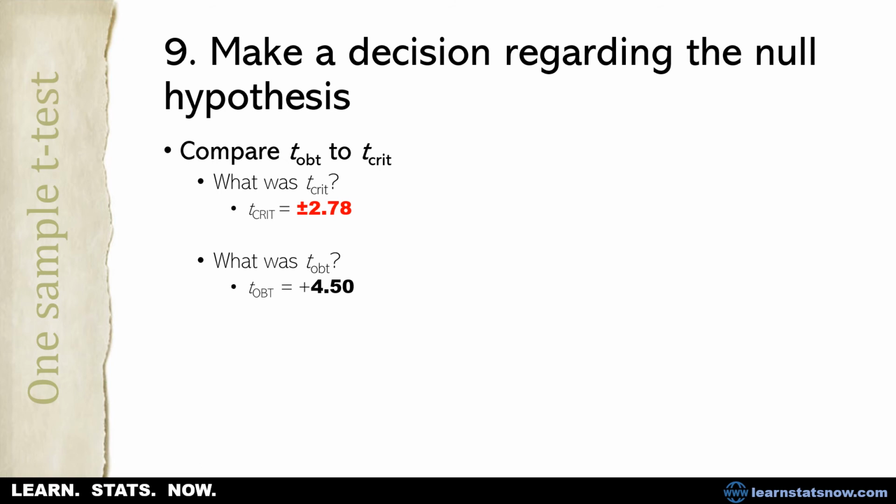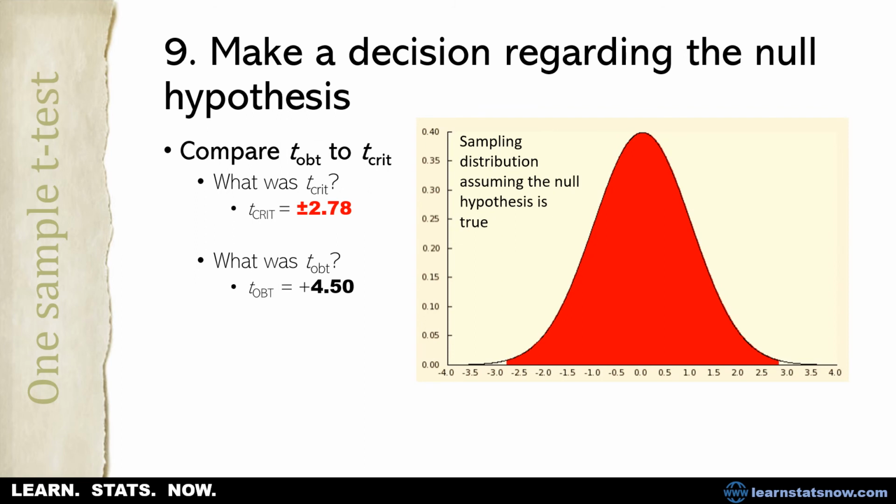Well, it'll be clear if I just go ahead and show you the sampling distribution if we assume that the null hypothesis is true. Well, here's our sampling distribution, and the mean of this sampling distribution is going to equal the mean of the historical daily temperatures, right? So 90. Now, we also calculated the estimated standard error, right?